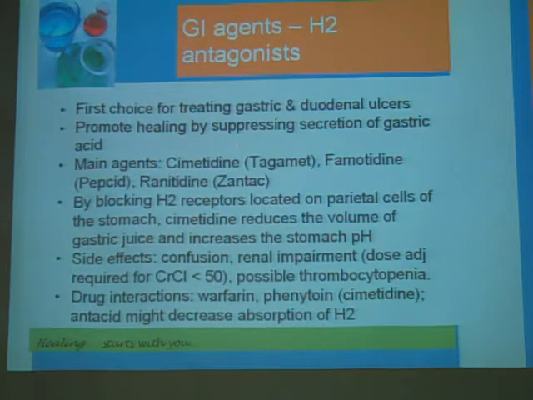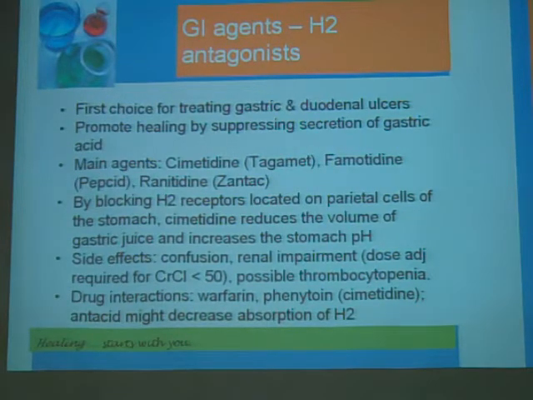The main players for H2 blockers are cimetidine, Tagamet. This is now available over the counter. I think all of them are. Pepcid, generic name, famotidine. Ranitidine is Zantac. So you notice their name ends with tidine. Again, that's just generally, they are H2 blockers, but not all of them.